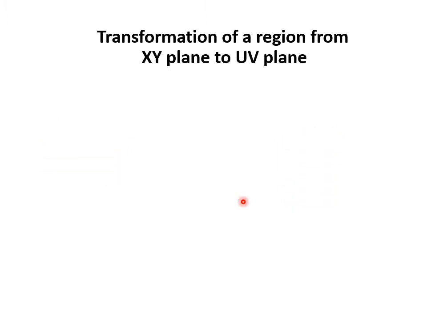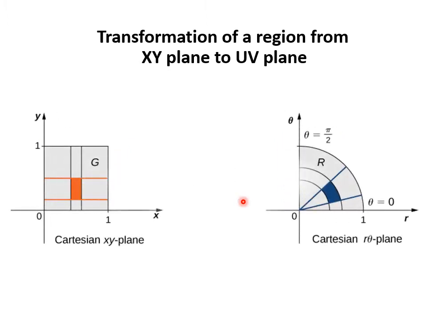Before that, we just look into the standard coordinate transformation from the Cartesian coordinate system to the polar coordinate system. This coordinate transformation you will be familiar with and have already learnt. The transformation is x equal to r cos theta and y equal to r sin theta.